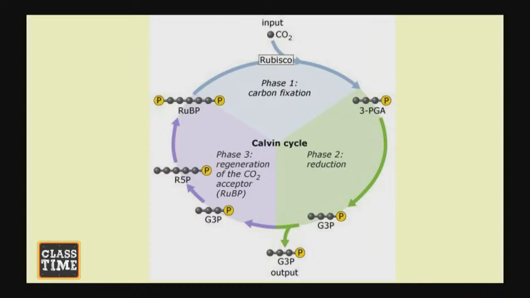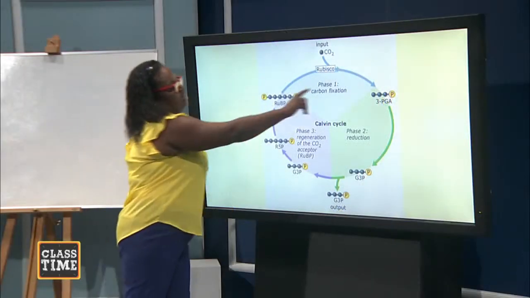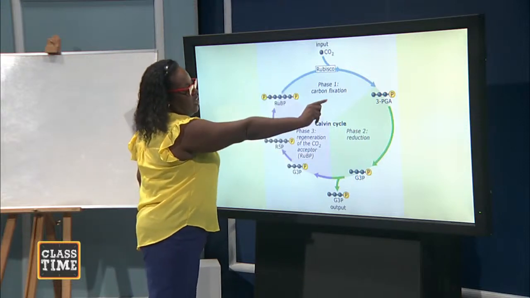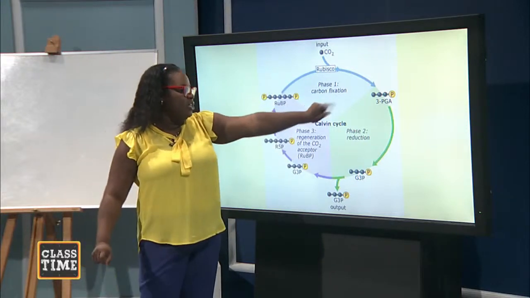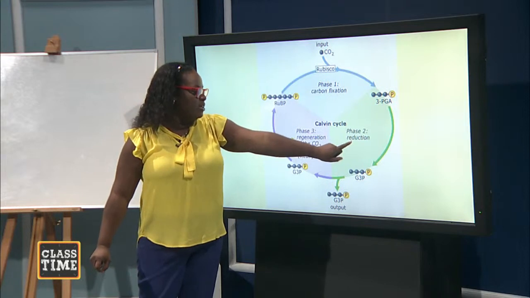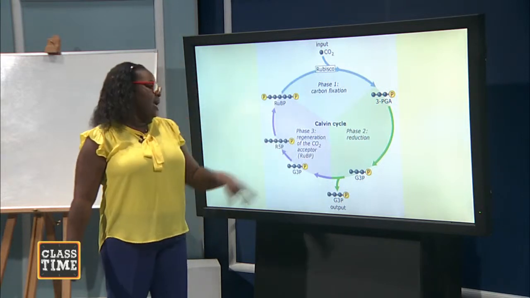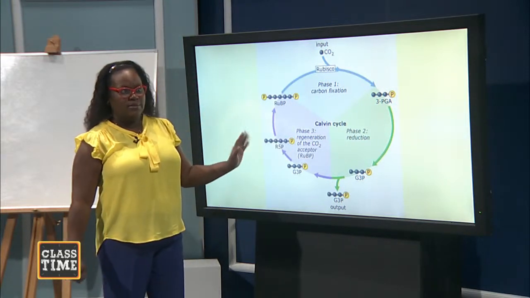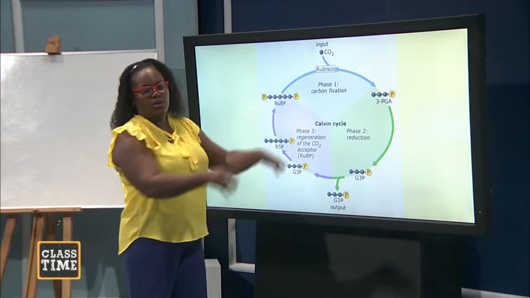In this section, the energy source is the ATP and the NADPH that was made previously, along with a lot of enzymes. So it has three sections to it. The first phase is called carbon fixation. The next is called the reduction phase, and then you have the regeneration phase. Now let's go through this sequentially.